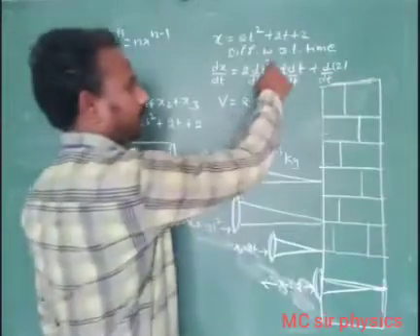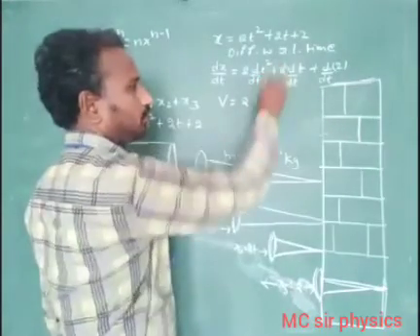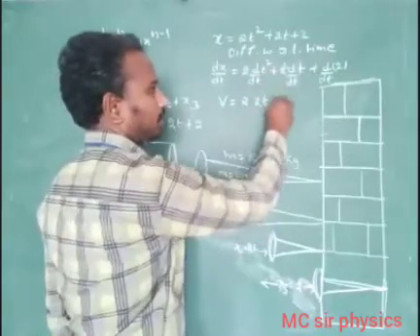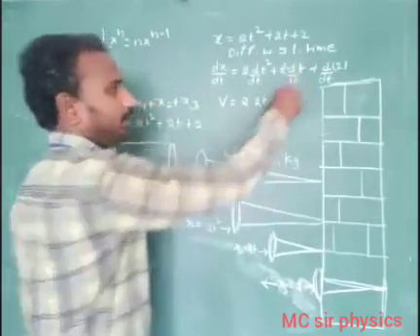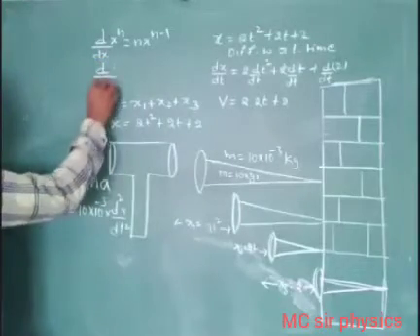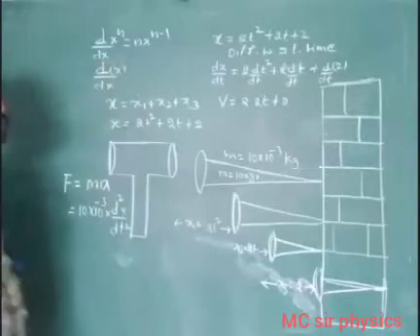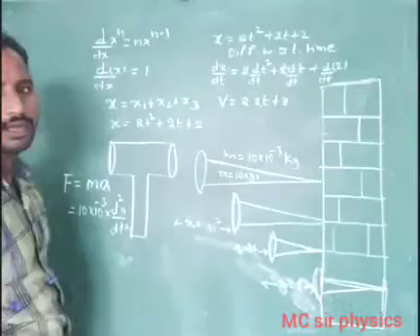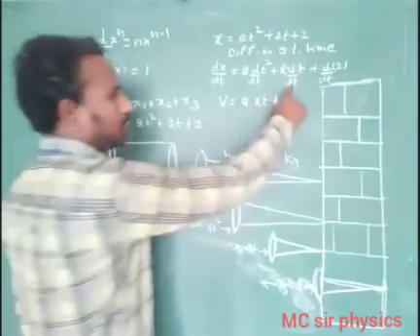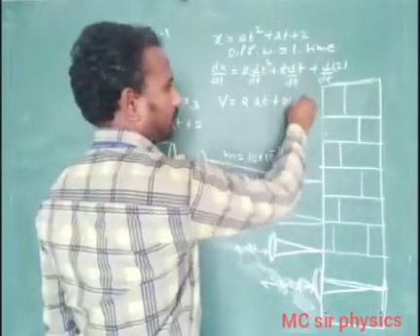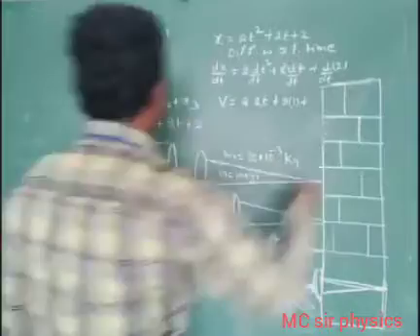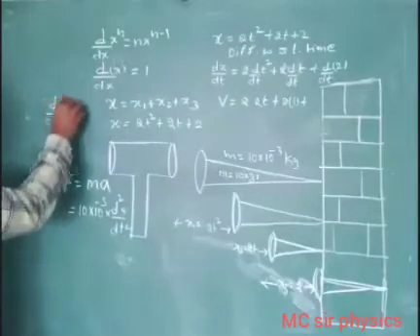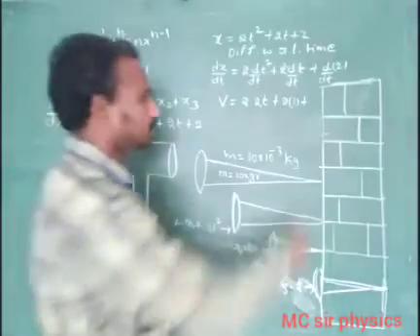So 2 into t power 2 minus 1, that is 2t, plus 2 d by dt of t. D by dx of x equals 1, so d by dt of t is 1. D by dt of a constant: consider the formula d by dx of a constant. D by dx of a constant, how much?